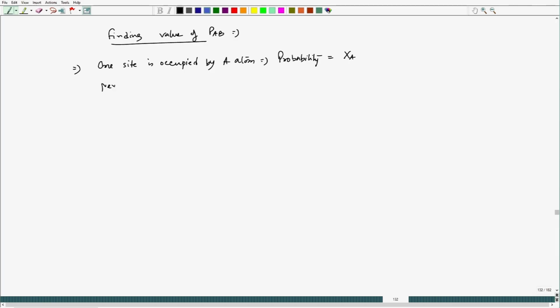The next near neighbor site is also occupied by an A atom. So, that probability would become equal to XA into XA, equal to XA square.